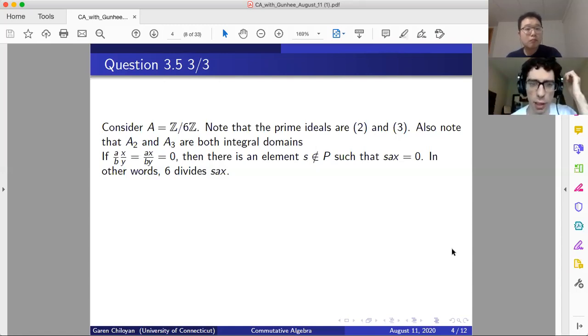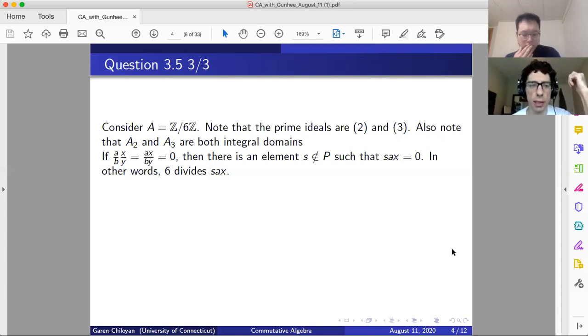There are 2 prime ideals of Z mod 6Z I have to take into consideration. They're the localized forms of 2 and the localized form of 3.